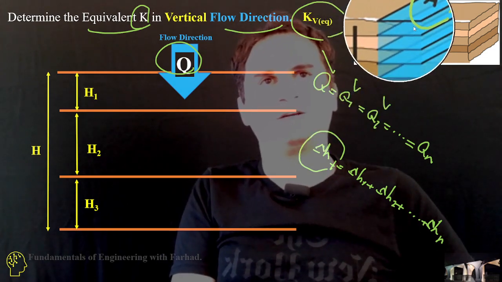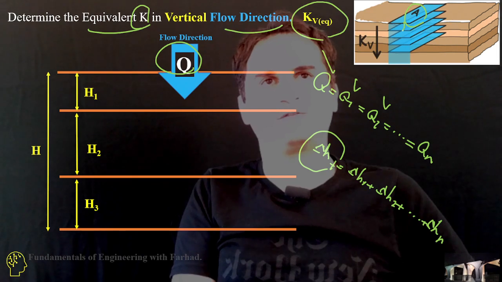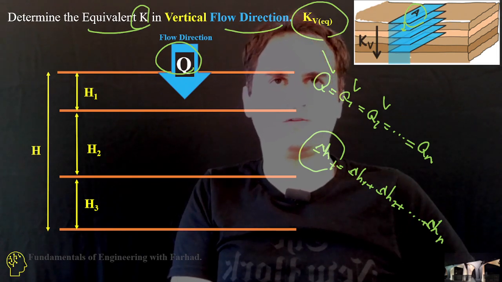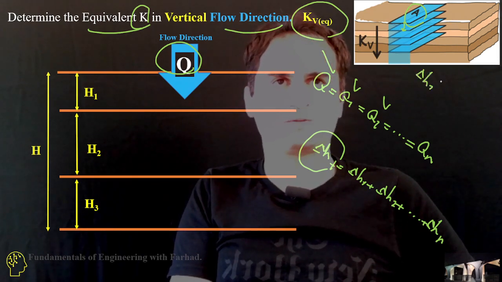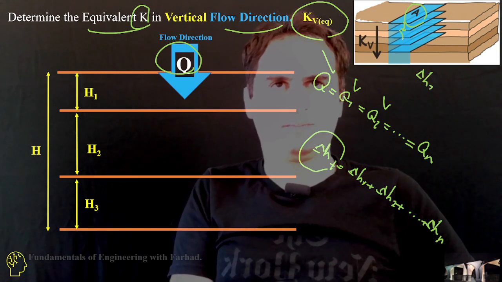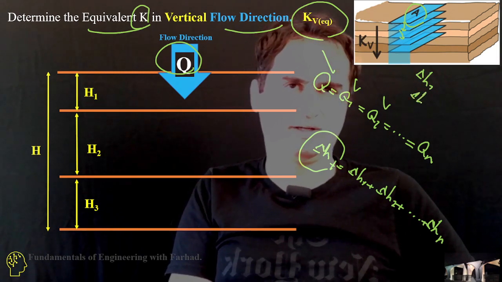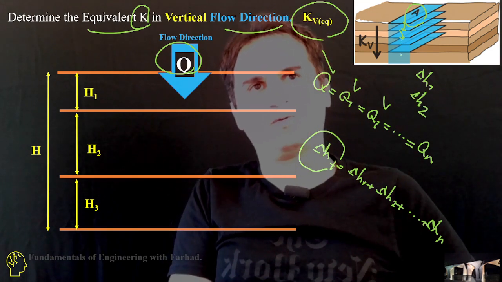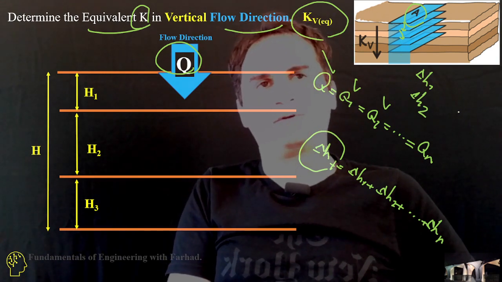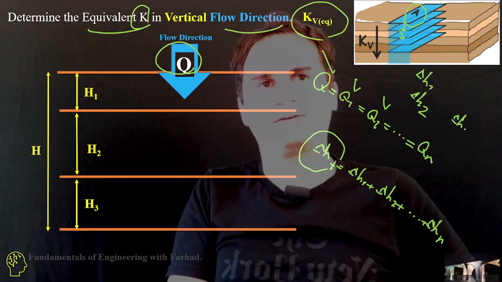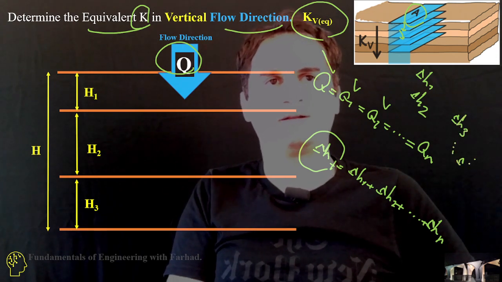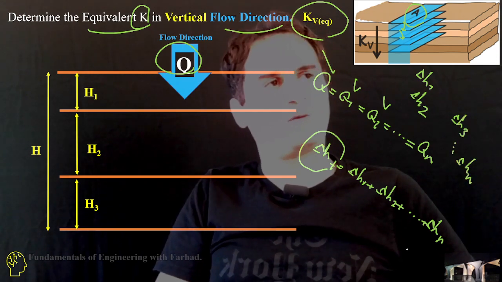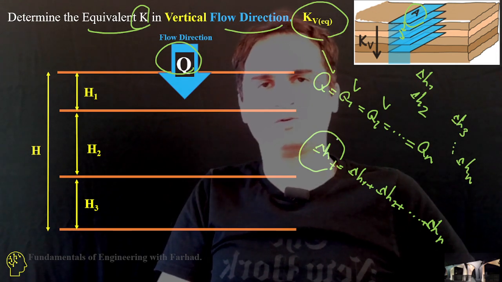That means the total head of water is a combination of these. As the water travels from the first layer of soil to the second one, the head drops by delta H1, passing from the second to the third it's delta H2, and it just goes on reducing with the same pattern, delta H3, delta Hn, and combined they give you the total head loss.